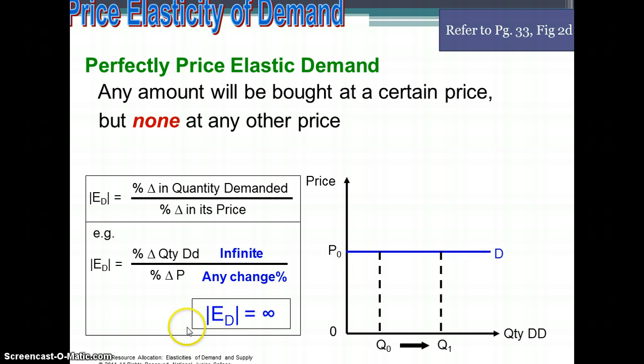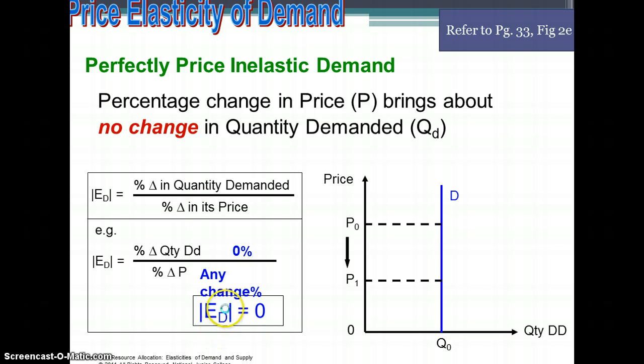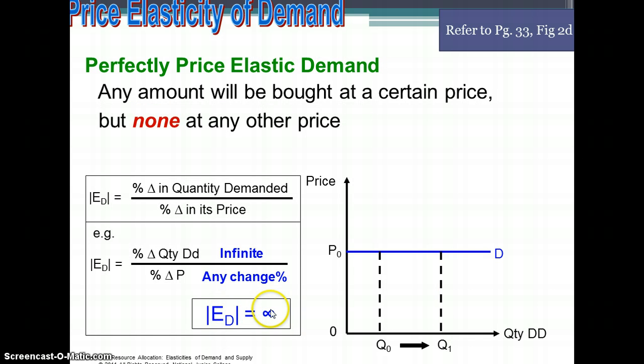So therefore, the absolute value of price elasticity of demand is infinity. So this is a case whereby the demand is a horizontal line, perfectly price elastic demand.